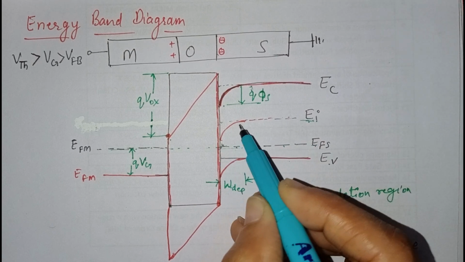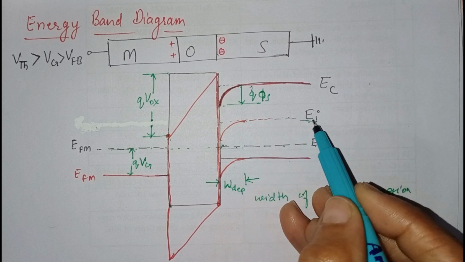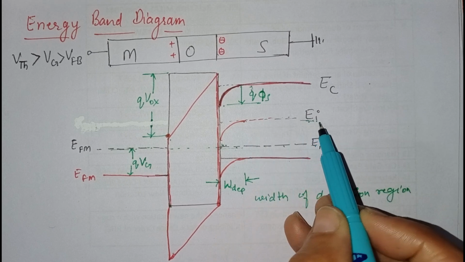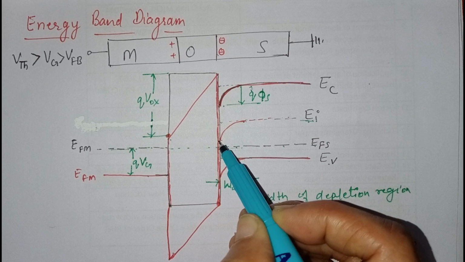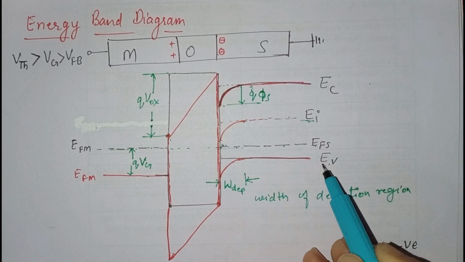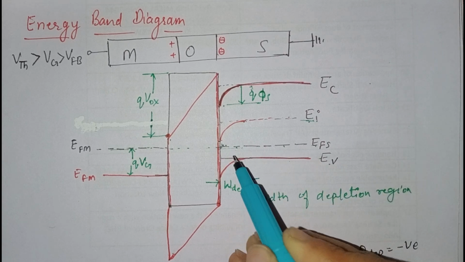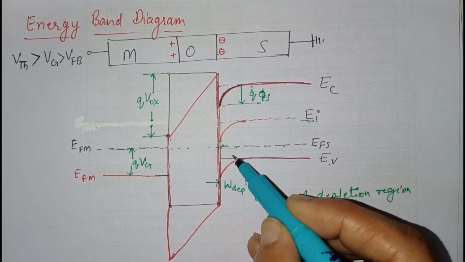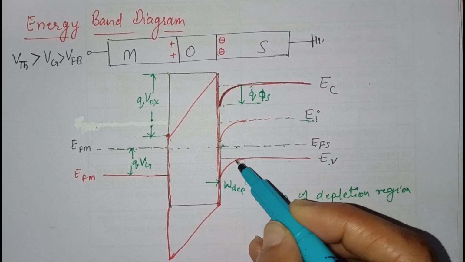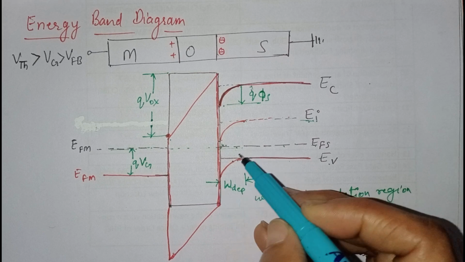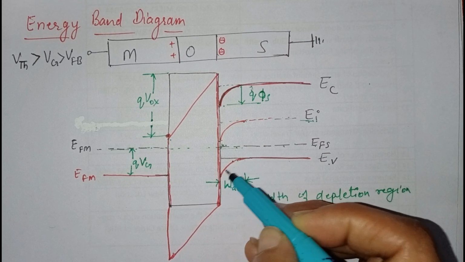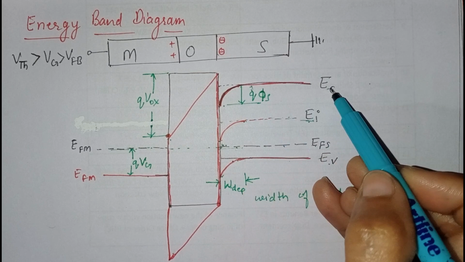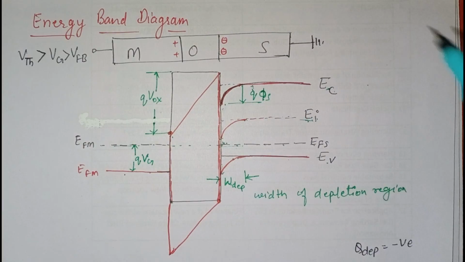So this intrinsic energy band moves downward here, and this valence band comes far away from the Fermi level due to the intrinsic semiconductor. So it also moves downward, and so does the conduction band.